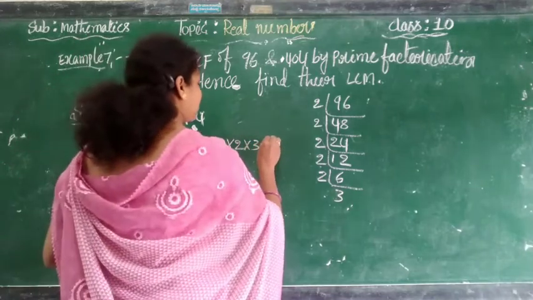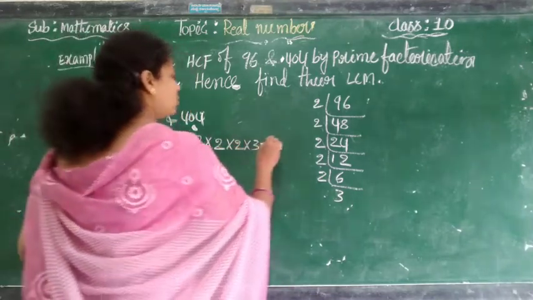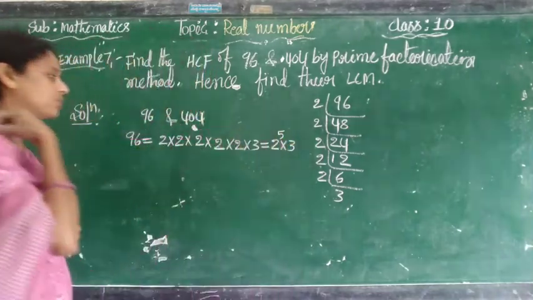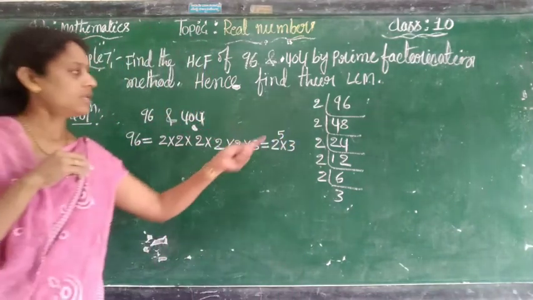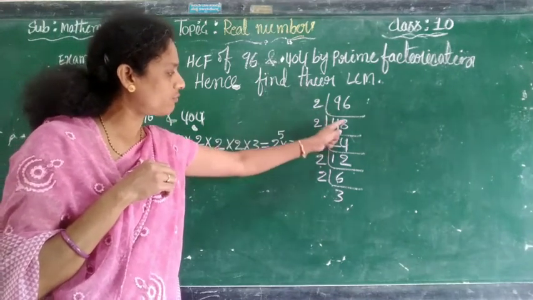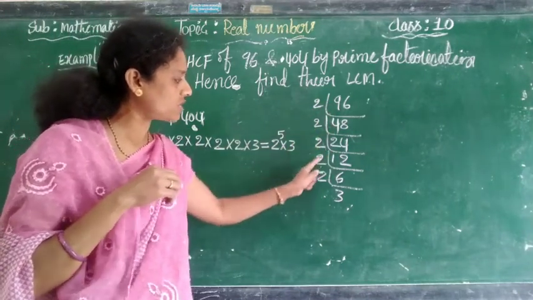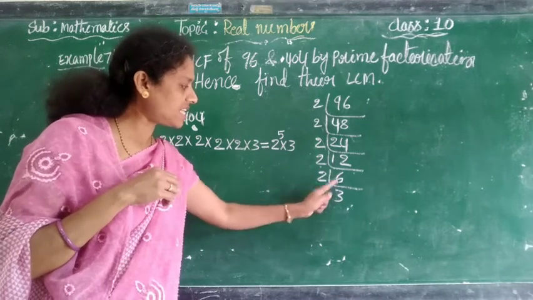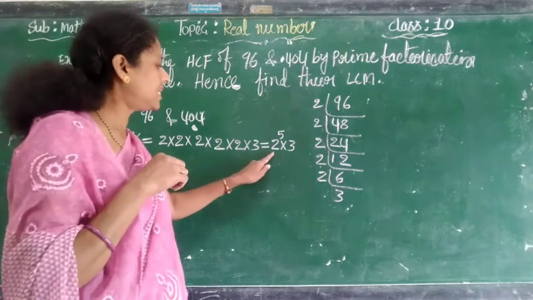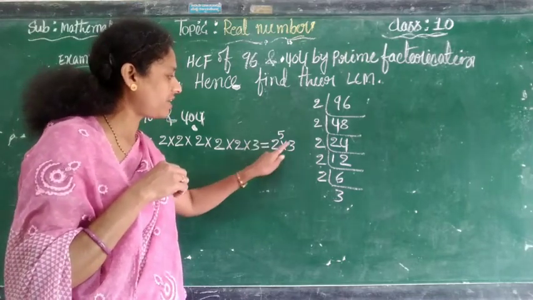This can be 2 to the power 5 into 3. So 96 can be written as 2 to the power of 5 into 3.